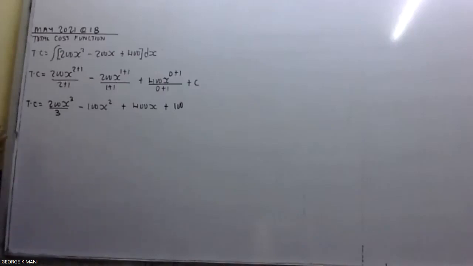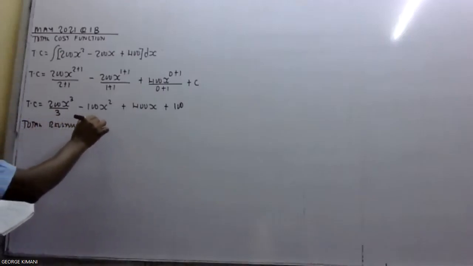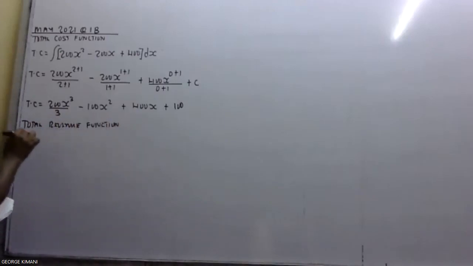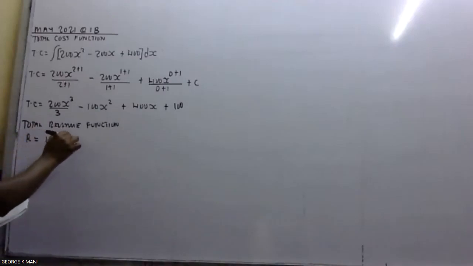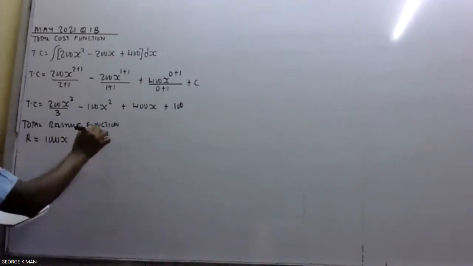The next one is total revenue. Total revenue function. Now the total revenue function R is already given as 1,000x minus 200x squared.